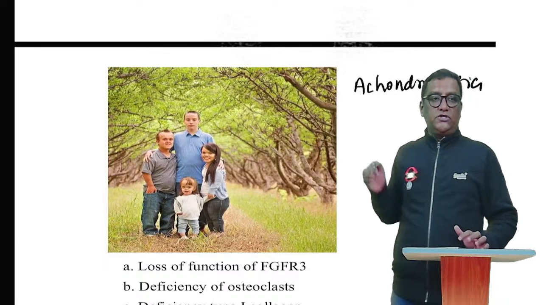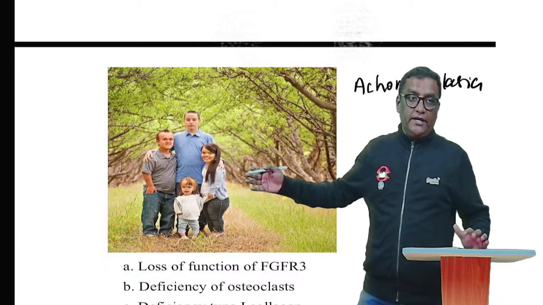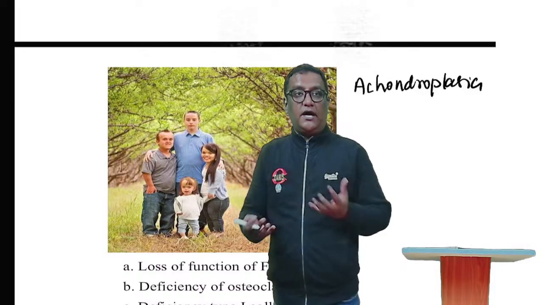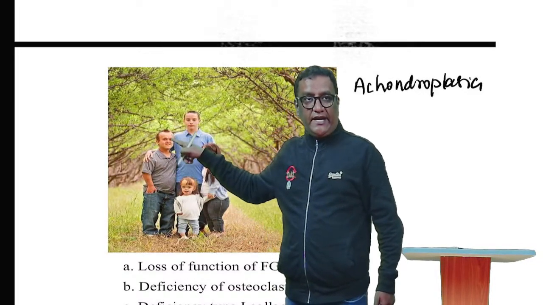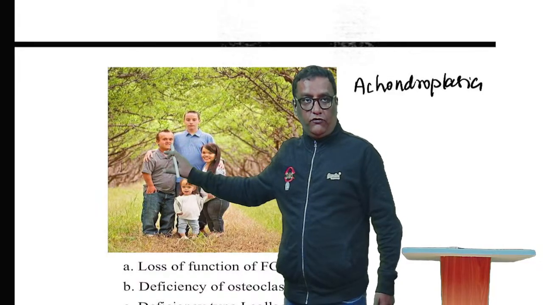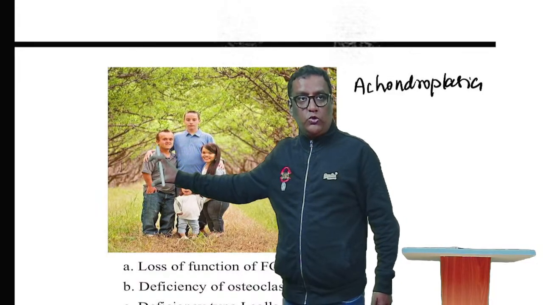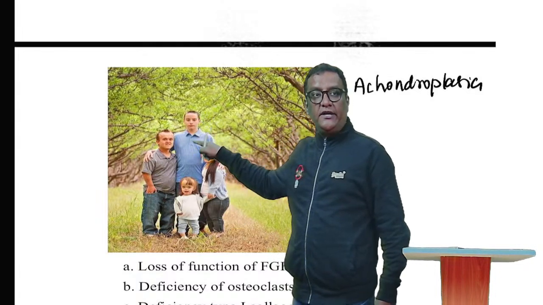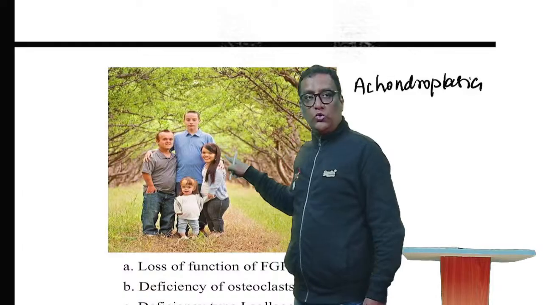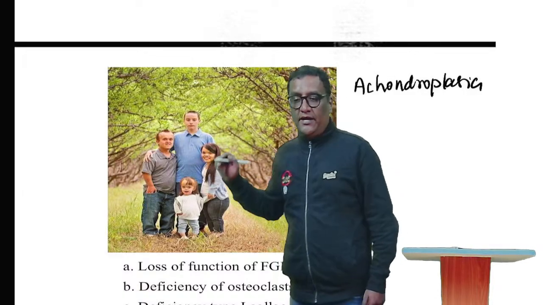So this is your achondroplasia. Why? Because the long bones are not growing well here. You can see the torso is like an adult's, fully grown, whereas the long bones are very short compared to this fellow. This fellow is normal, not affected. These two have the disease.